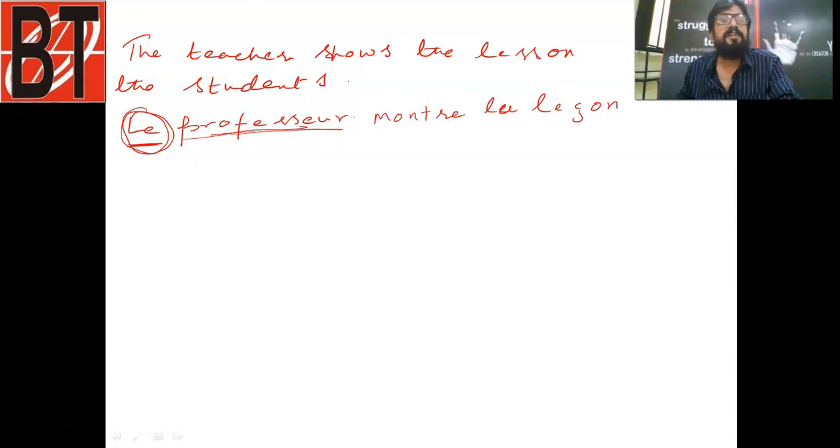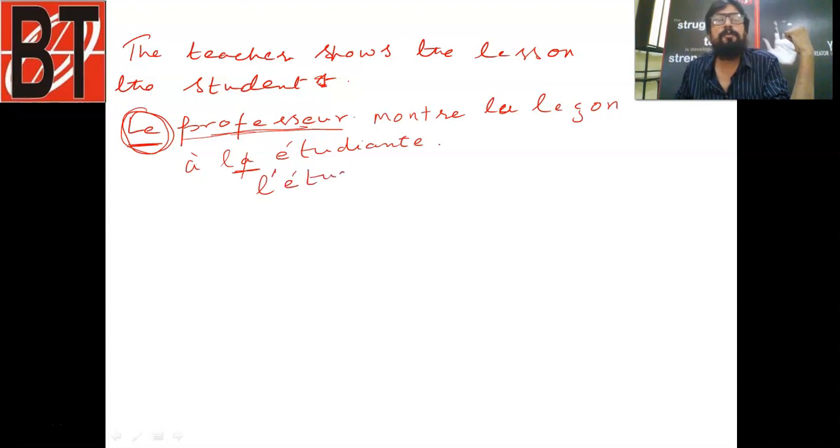To the students, अगर हम एक ही स्टूडेंट की बात करें तो to the student, तो à la étudiante. It's a girl student, that's why I'm using à la étudiante. जब मैं इसको लिखता हूं तो मुझे इसको l'étudiante ऐसे लिखना पड़ेगा, तो ये हो जाएगा à l'étudiante.